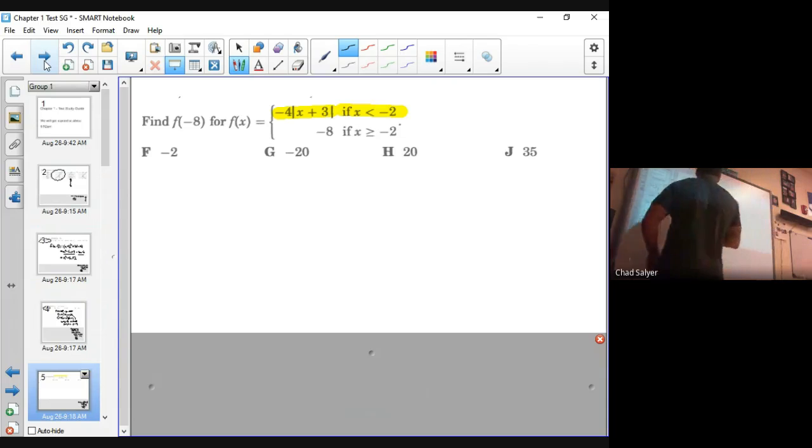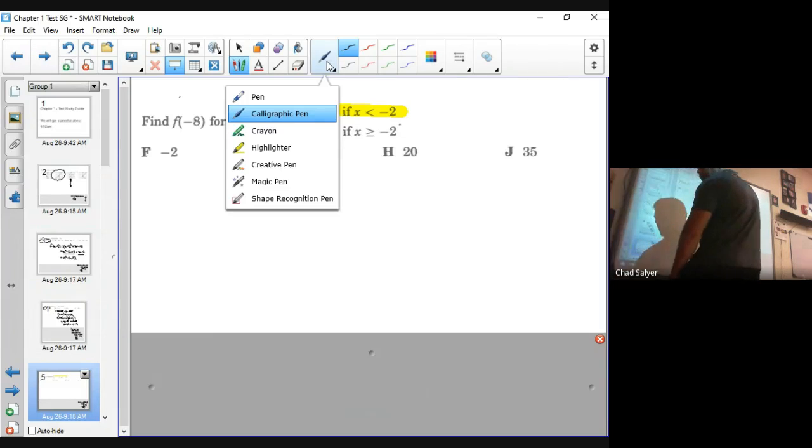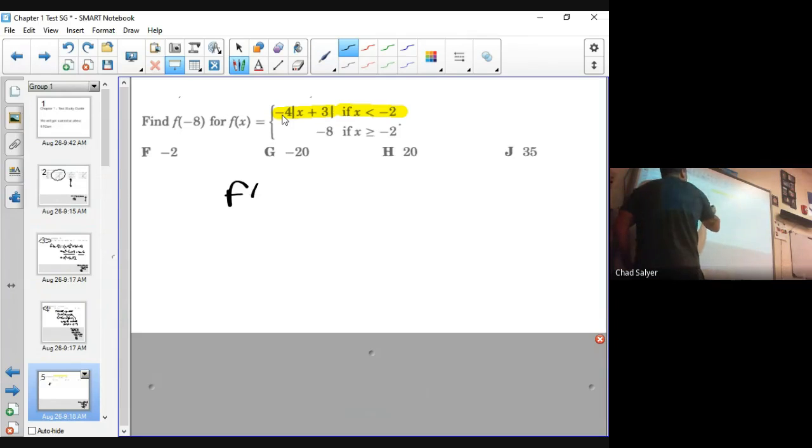Problem 4 here. So we want to find f of -8 for the following. So this is a piecewise function. Notice -8 is in this upper domain portion. So the relevant domain is this x less than -2, because -8 is less than -2.